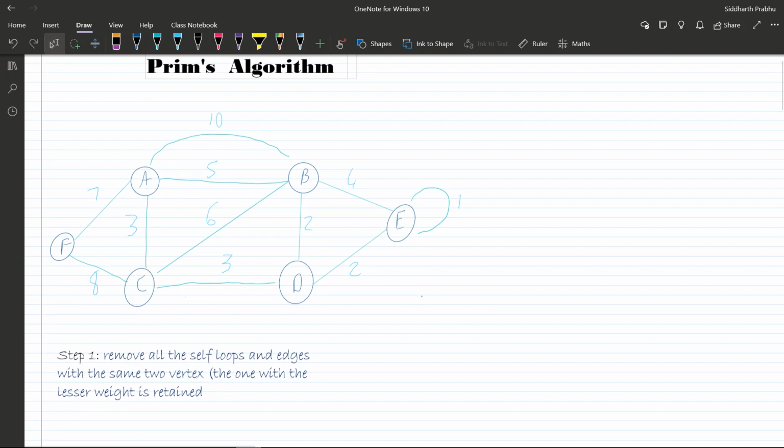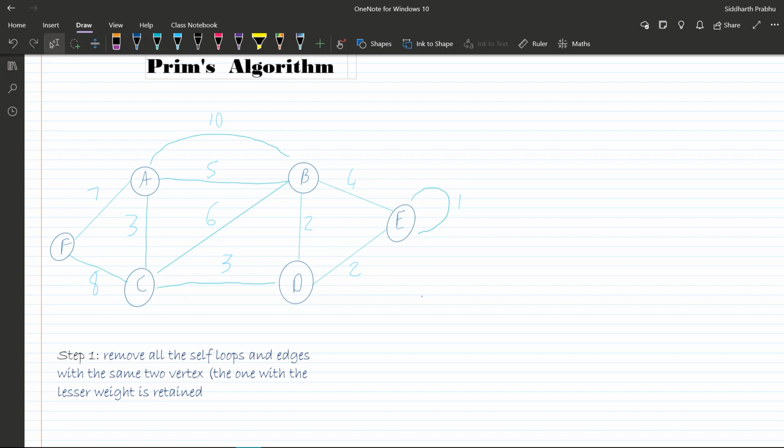Step 1 is the same as Kruskal's, in which you have to remove all the self loops and the edges which have the same two vertices. Self loops are edges which start and end at the same vertex. In this case, you can see it at E. The edge with the weight 1 is considered a self loop and will be removed after this step.